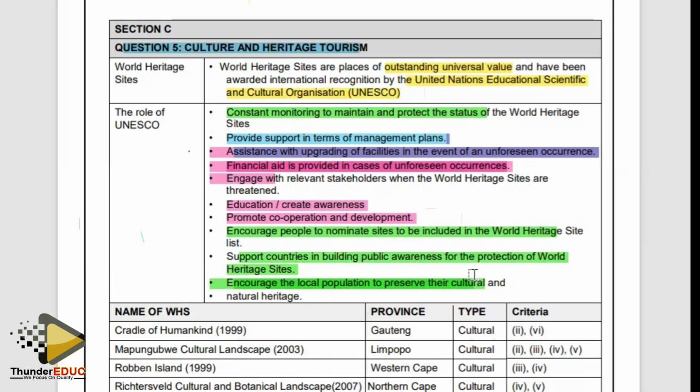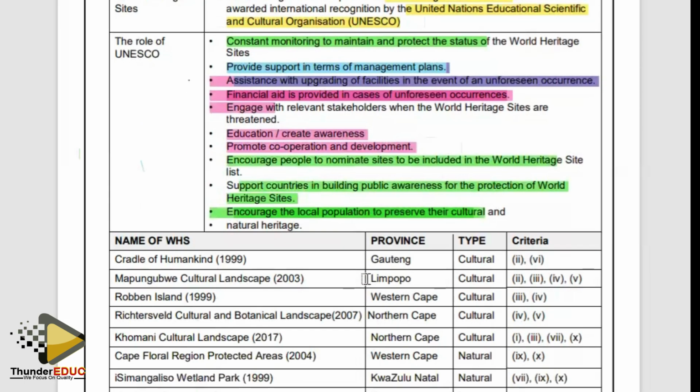So the ones highlighted are the main roles or duties of the United Nations Educational, Scientific and Cultural Organization. Now, moving on to the list of different World Heritage Sites which we have in South Africa.